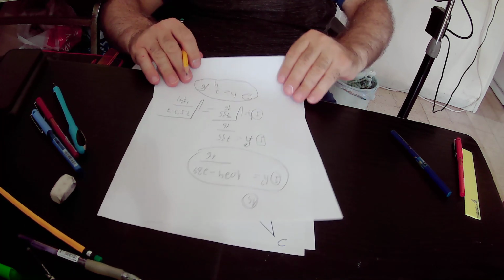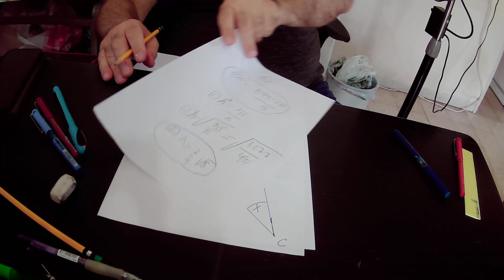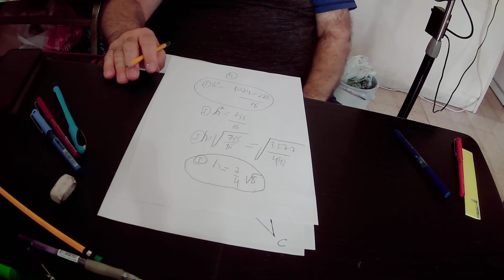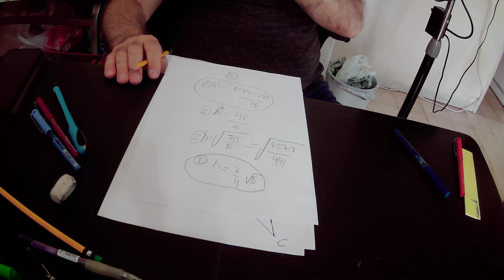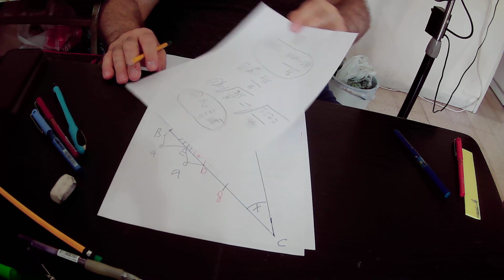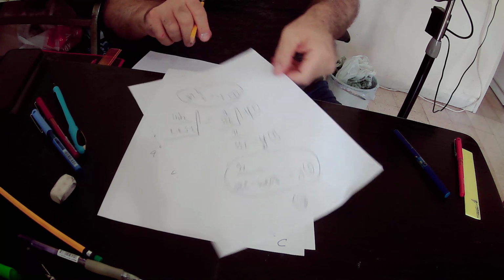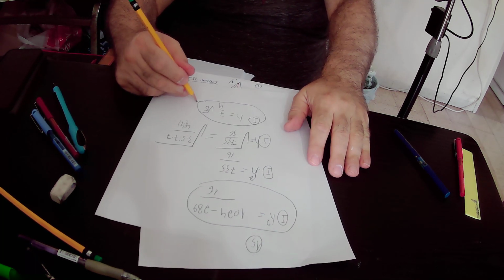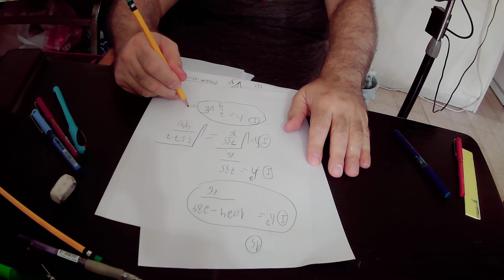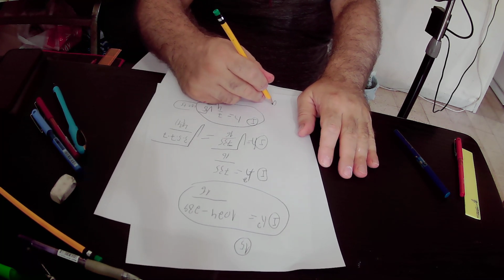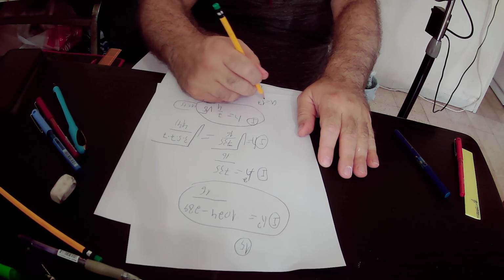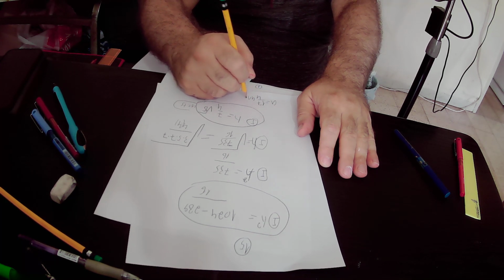Okay, so we got that the height of triangle ABC equals 7 over 4 times root 15 units, and we have already found out that a equals 17 over 4 units.